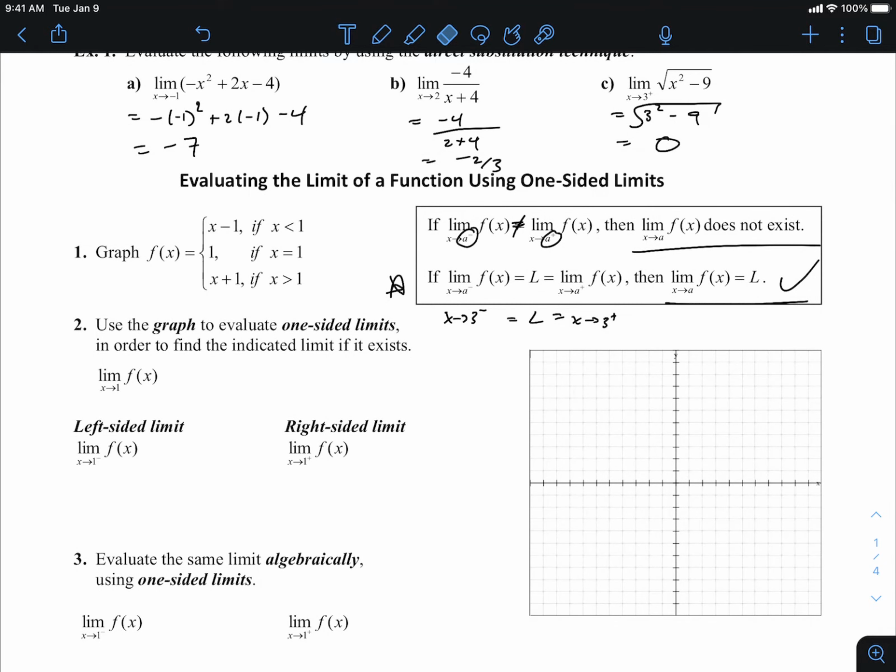When I graph these piecewise functions, this one's kind of nice. It's just a couple lines, and in the middle, we have a point. What they like to do is say, here are x values less than 1, x values greater than 1, and then in the middle they put x equals 1.